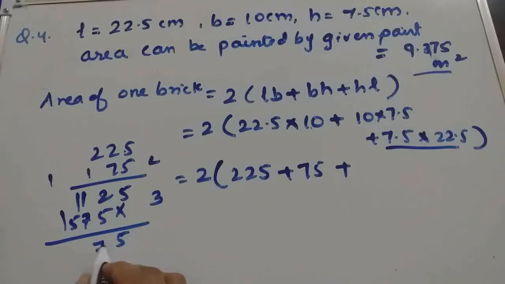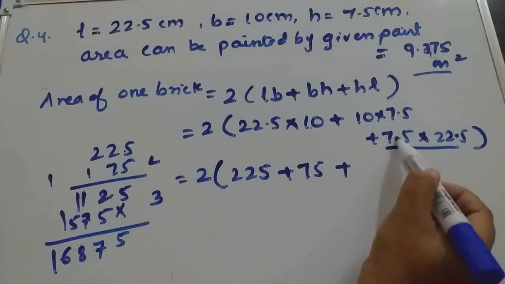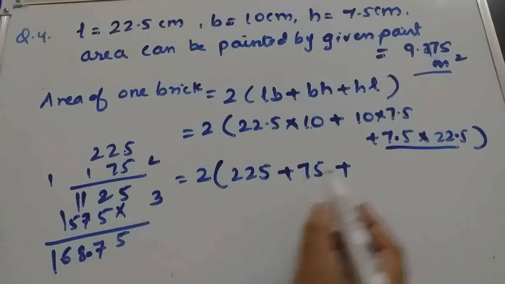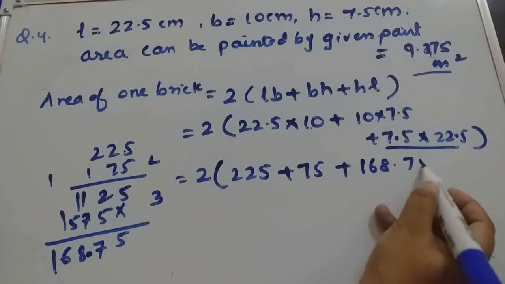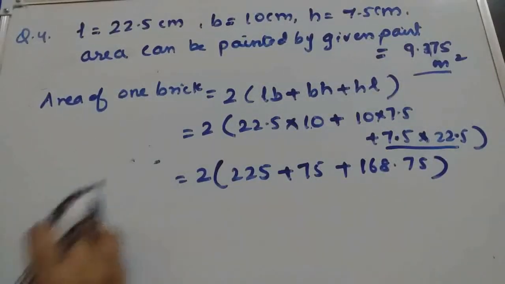We will get 7, 8, 6, 1, 6, 8, 7, 5. Now after how many digits is the decimal? 1 plus 1, 2. So the answer will be 168.75.